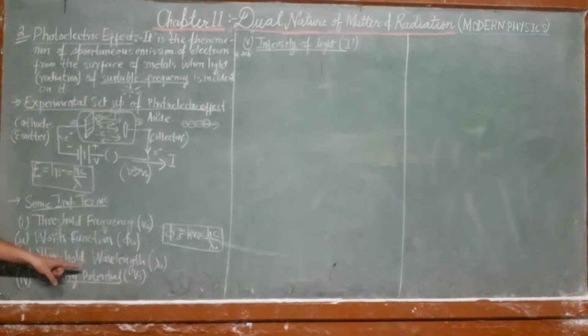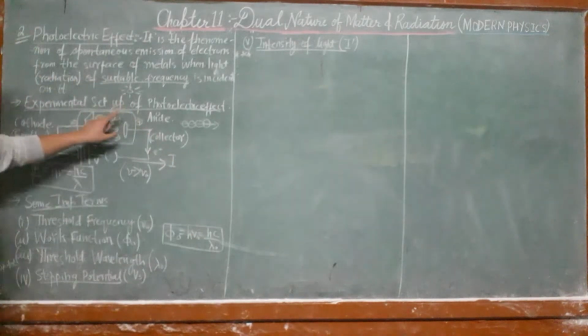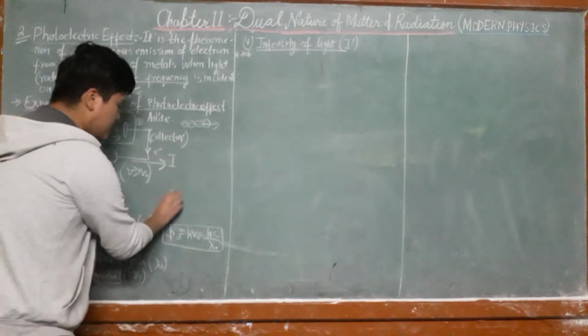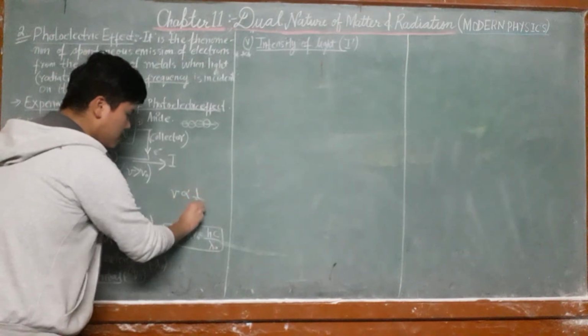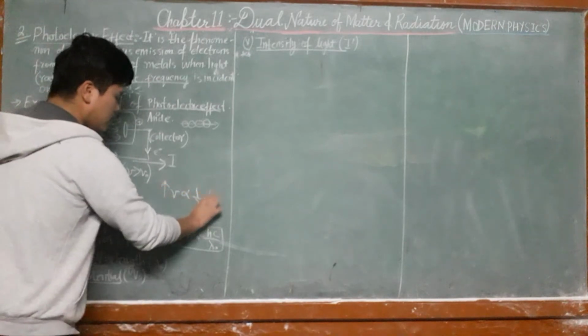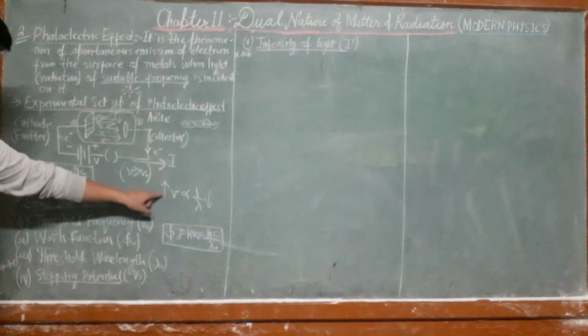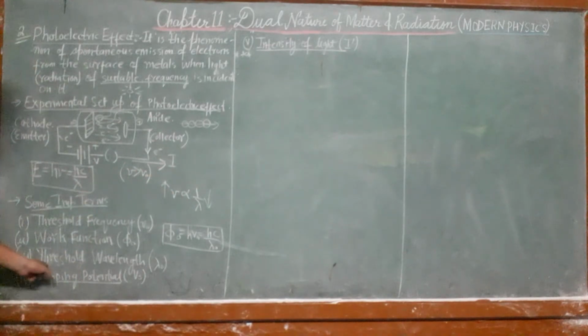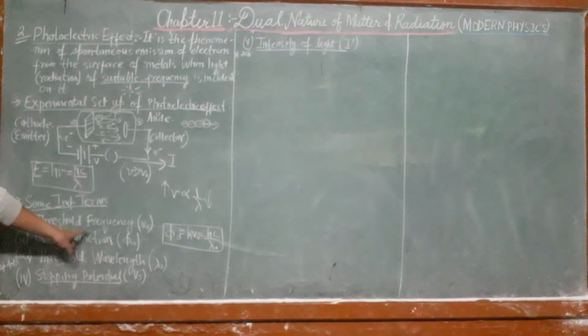Now threshold wavelength is the wavelength of incident radiation. In this formula we can say that nu is inversely proportional to lambda. So the minimum frequency corresponds to the maximum wavelength.